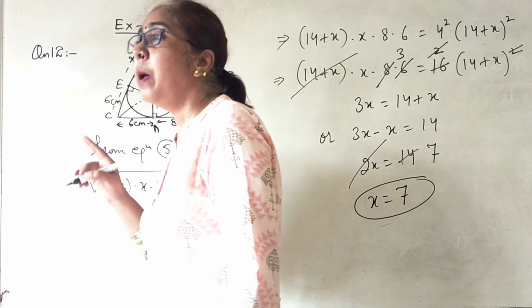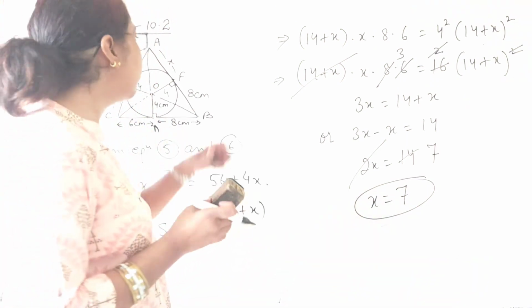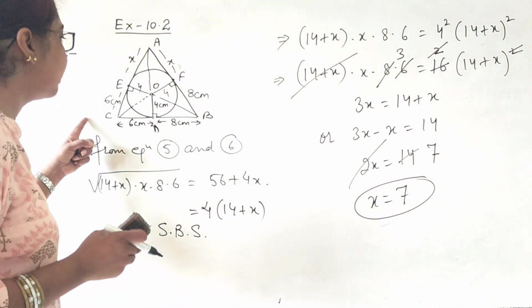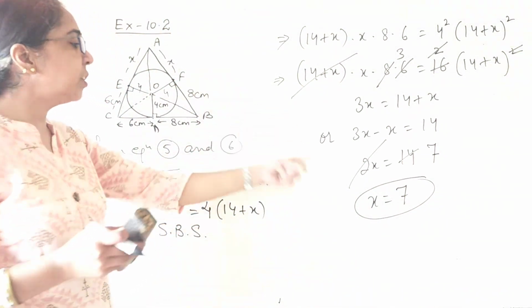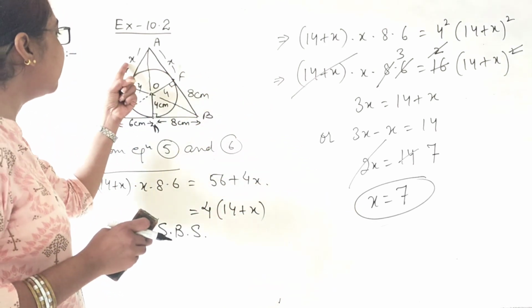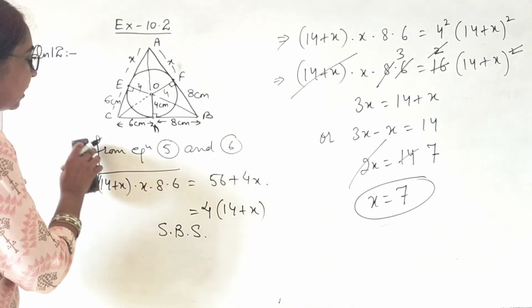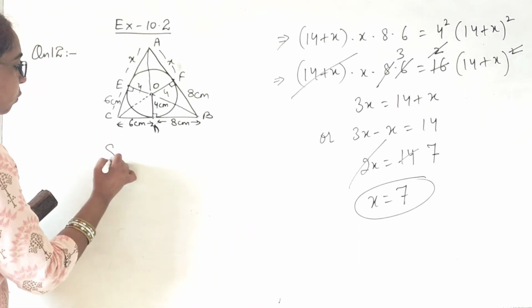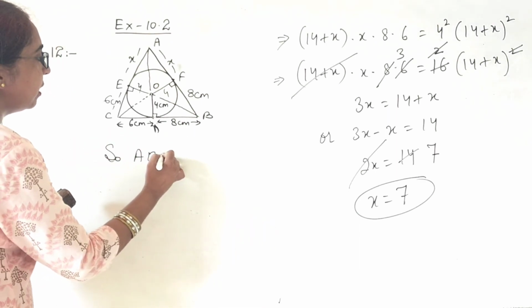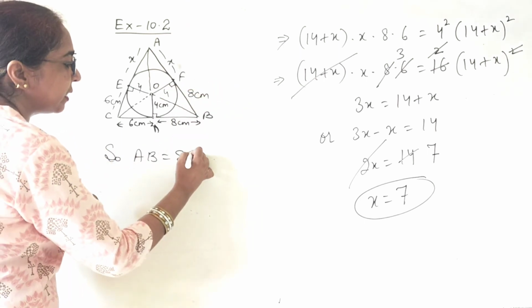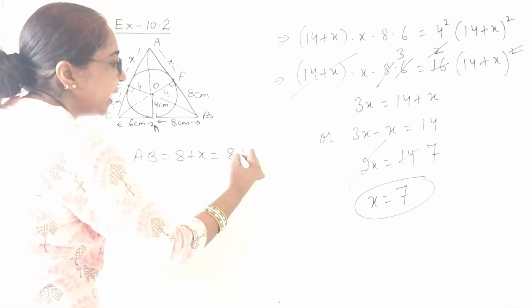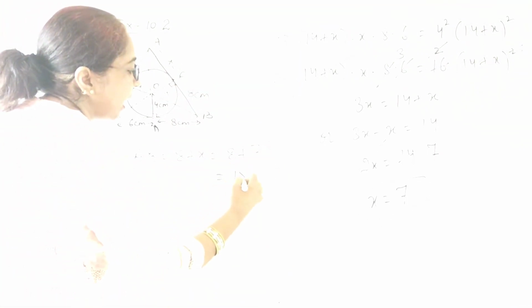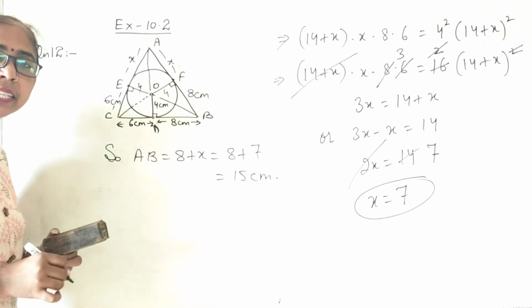X is 7, but I want to get the values of AB and AC. So what do I have to do? I just have to put the value of x here and I will get AB and AC, right? AB is actually 8 plus x, so it will be 8 plus 7 and it will be 15 centimeter.